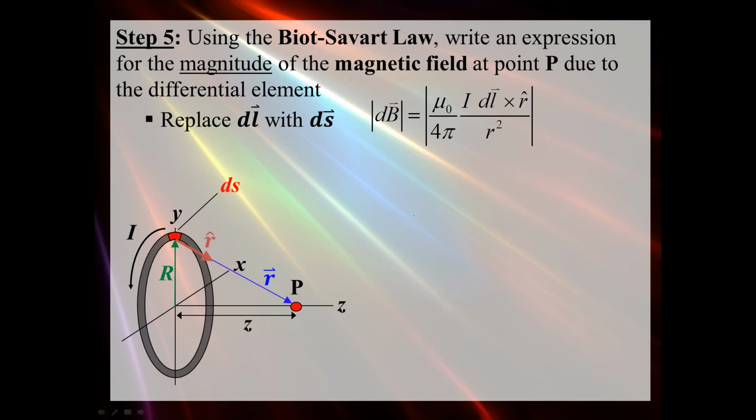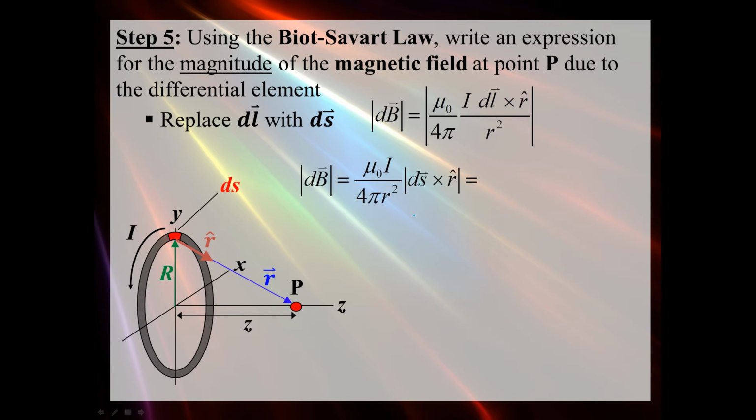Now, this equation is written in terms of dl. I think L will be fine if we were dealing with a straight wire that wasn't bent, but because we have a loop of wire, and we're writing in terms of arc length, we're just going to replace the dl with ds. And on top of doing that, in the next step, I'm just going to take everything that is not a vector out of the absolute value sign.